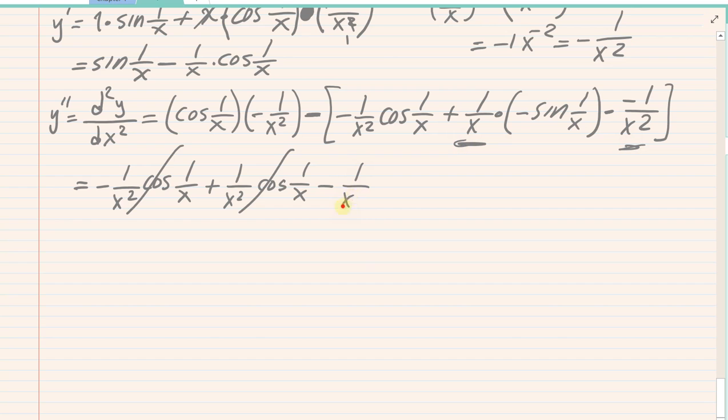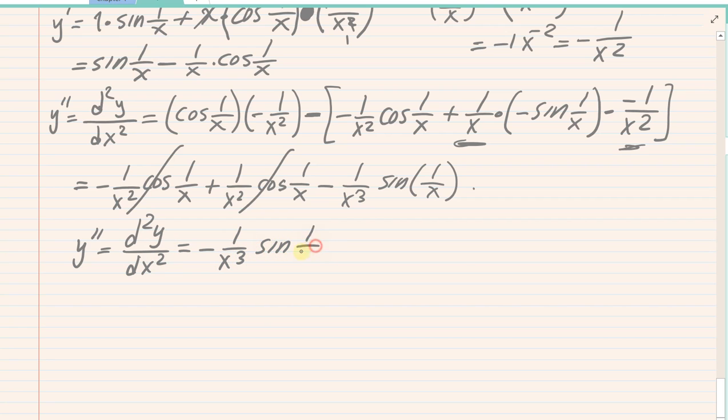So that's 1 over x cubed, and then sine 1 over x, right? And that's the final answer. Not too bad. y double prime, which is d squared y over dx squared in Leibniz notation, is negative 1 over x cubed sine 1 over x. And there you have it.